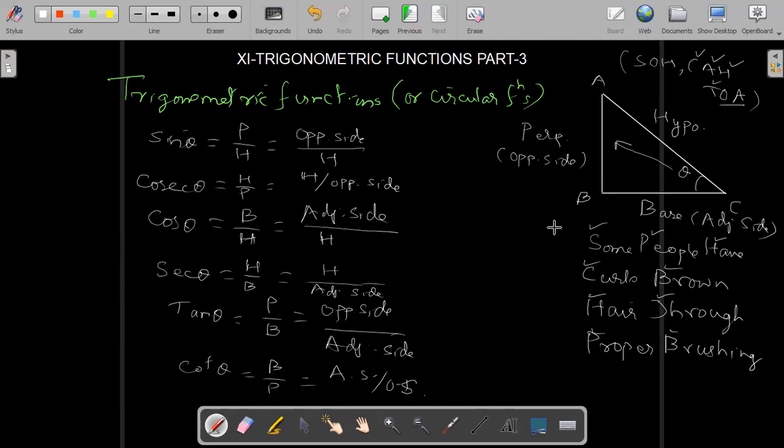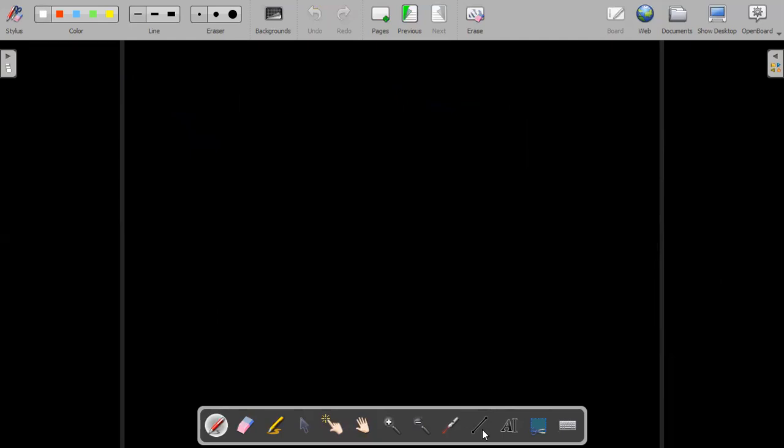Then we have seen the values. We have seen some values up to 90 degree in class 10, but now we have values up to 360 degree.